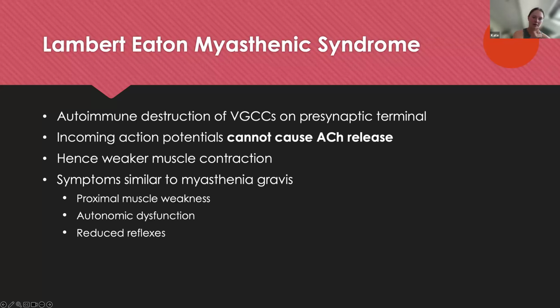So you get a weaker muscle contraction, and you have some symptoms which are similar to myasthenia gravis, but it's often less severe. So you can get proximal muscle weakness, autonomic dysfunction, and reduced reflexes. But this is not core. It's just another example of an autoimmune condition that affects the neuromuscular junction.